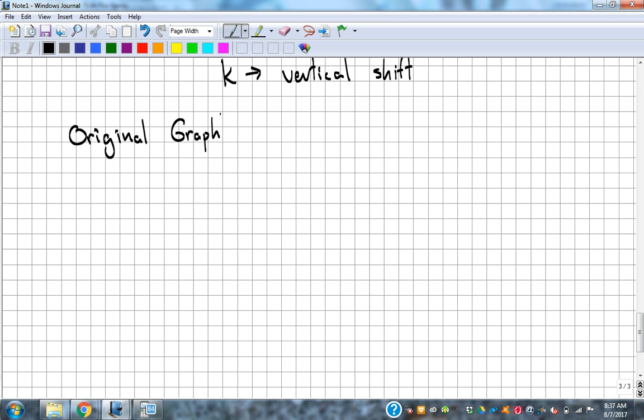The original graph will be given to you, and they do this on purpose to get you to understand the transformation part. It's not a function like y equals x squared or something like that. They put some points together. So this one starts at 0, 0, goes up to 2, 3, and then goes over to 5, 3.